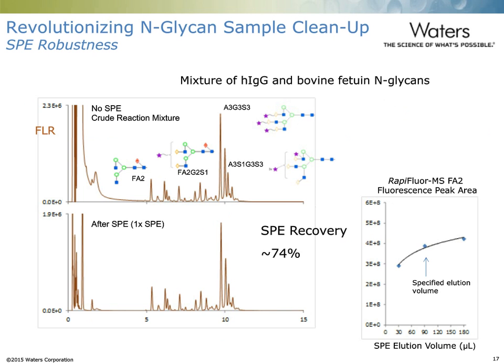In developing this procedure, we wanted to make sure that it was robust, and that's shown in this slide, where we can see that if we don't do a cleanup, we have a large amount of reaction mixture components coming out and trailing into our main peak, but the profiles look comparable.